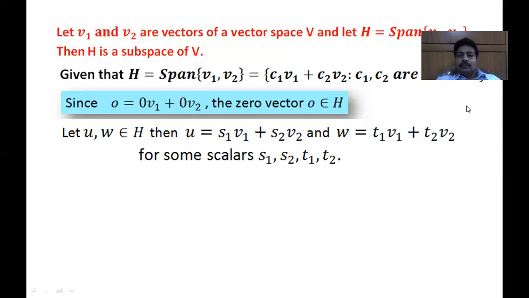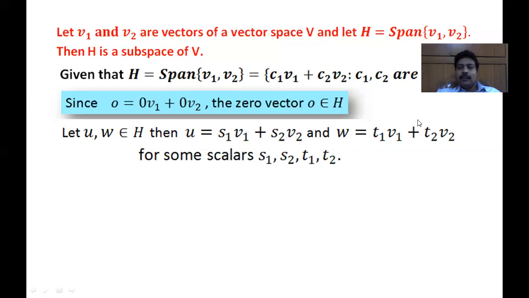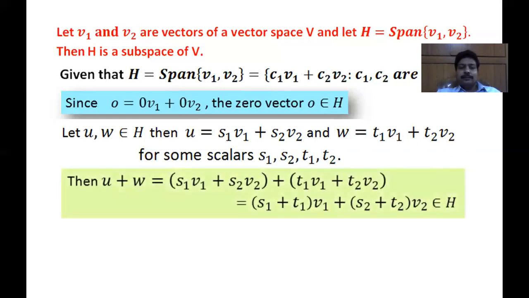Similarly, W is also in the span of V1, V2, so it can also be written as a linear combination. Here I have taken another two scalars, T1, T2. So W is equal to T1 V1 plus T2 V2. So these two can be written in these forms for some scalars S1, S2 and T1, T2.